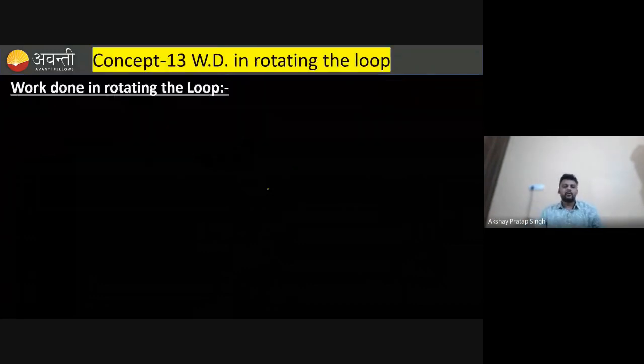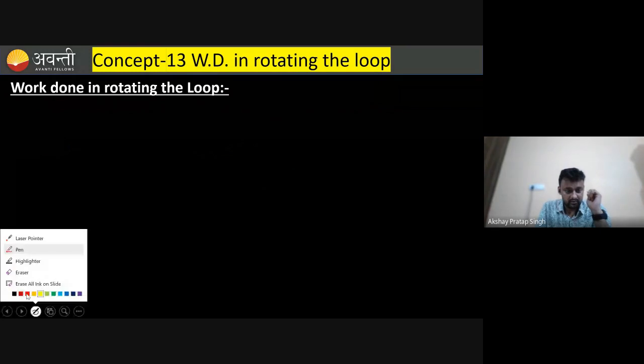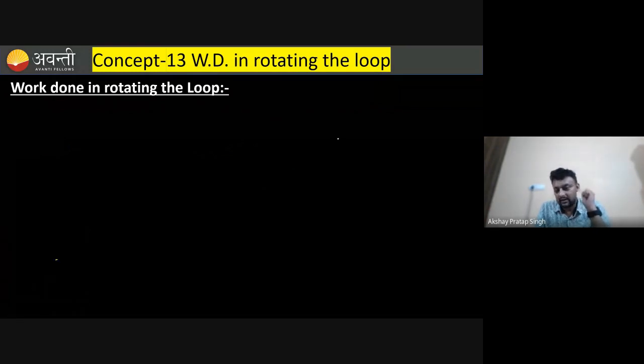Now, today's topic is work done in rotating the dipole or rotating the loop. This is again a very simple situation if you can understand. Let's suppose there is a loop.